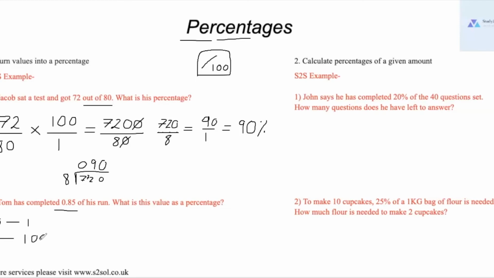So the difference between them is that a percentage is simply 100 times more of the value of a decimal number. So to turn this number into a percentage, all we have to do is write out our decimal number and simply multiply it by 100.